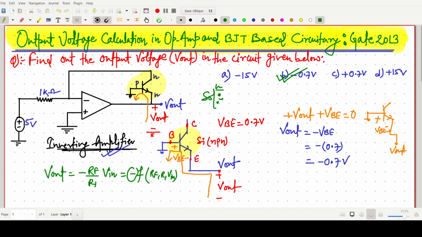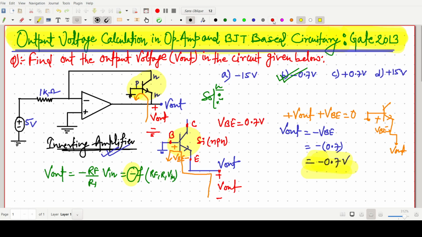So there will be a negative sign, and now there is the voltage due to this plus or minus VBE. So if you apply Kirchhoff's voltage law, it will come like this. Okay, 0 minus 0.7 volt.